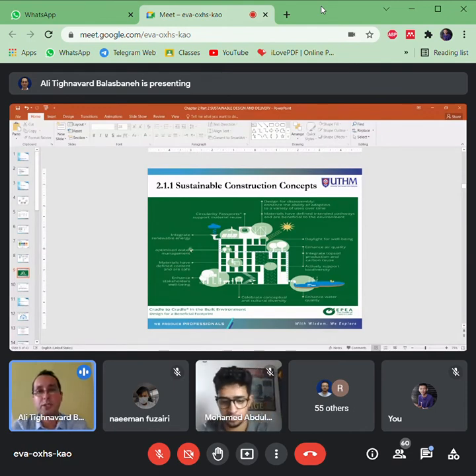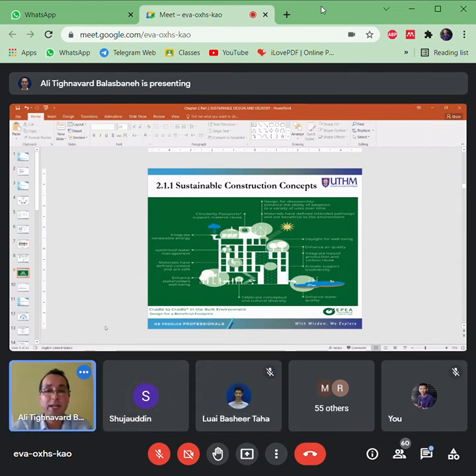Okay, that's it. Now, the sustainable construction concept. When we talk about sustainability in construction, there are so many things that we can assess. If we want to have a zero emission building, we have to follow so many instructions.